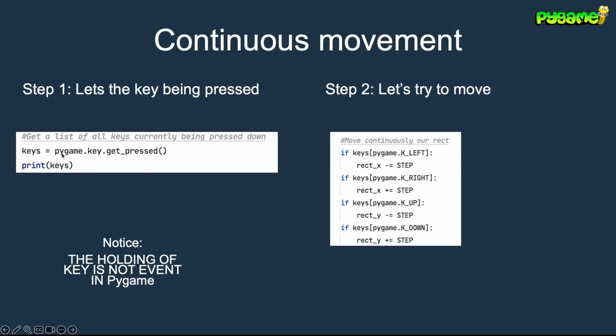We check if the key is pressed. If it's here, we need to move. So pretty much the same condition as with the discrete movements. So let's do it.